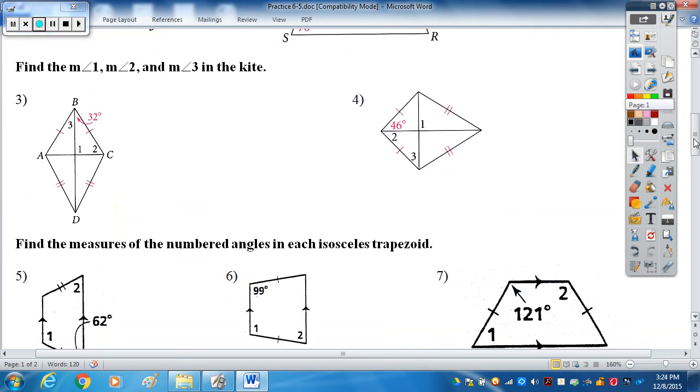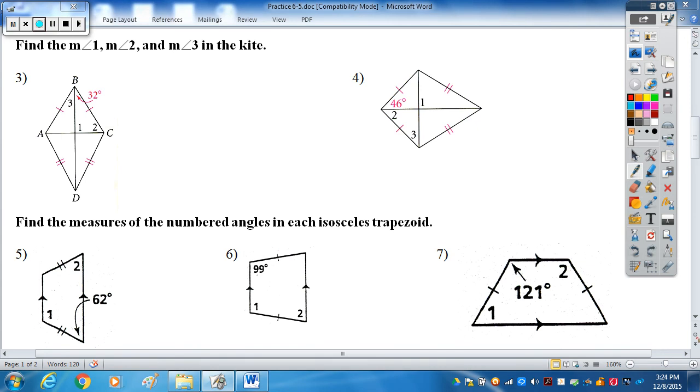So let's go down to number 3 now. Want to work this one with you. If we look at number 3, knowing that it's a kite, the very first thing I'm probably going to do is show that the diagonals are perpendicular. So if I go ahead and show that those are right angles right there, I know that angle 1 has to be 90. Okay? The easiest thing that you can do within a kite is to identify that angle measurement there.